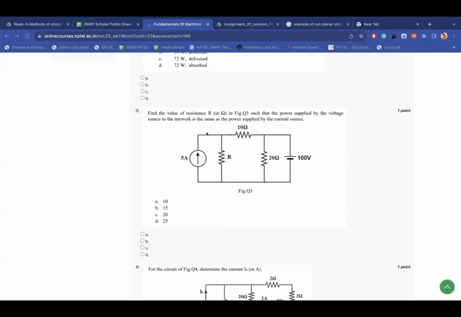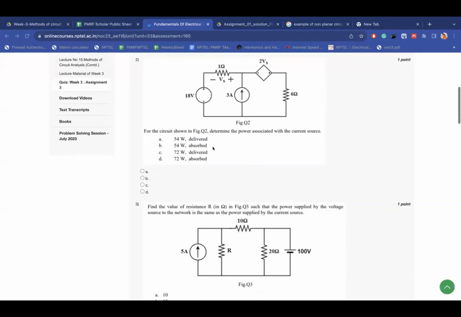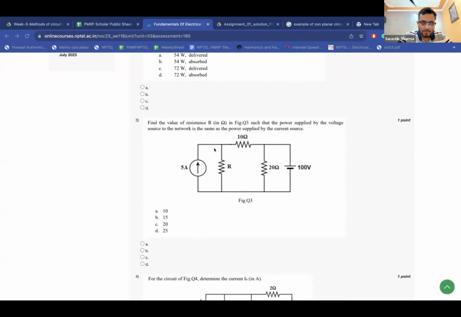Can you see my screen? Yes, it is visible, sir. Question number 3: find the value of resistance R in ohms in figure Q3, such that the power supplied by the voltage source to the network is the same as the power supplied by the current source.